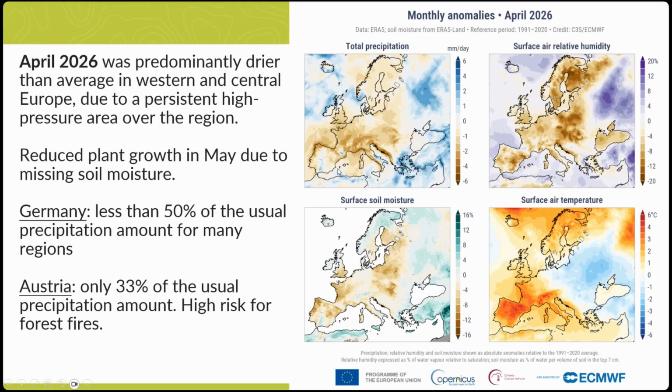There was a bit more precipitation here in Spain, over Ireland, and maybe southern tip of Norway, but mostly it was too dry. Same as for the surface air relative humidity, it was too dry.